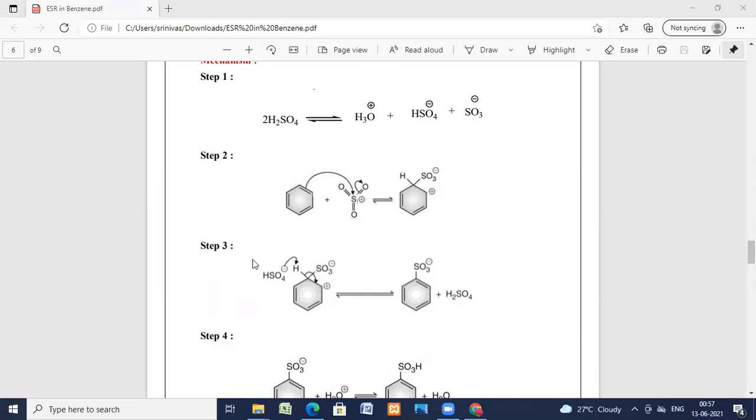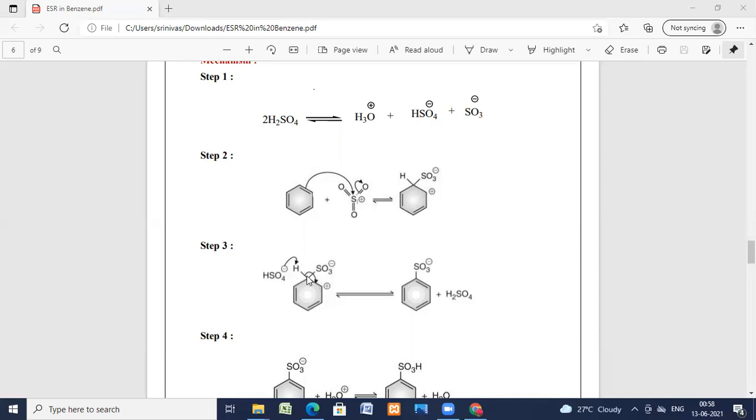Next, in the third step, here this is the benzene ring, and sulfur trioxide has attacked, in the presence of HSO4-.